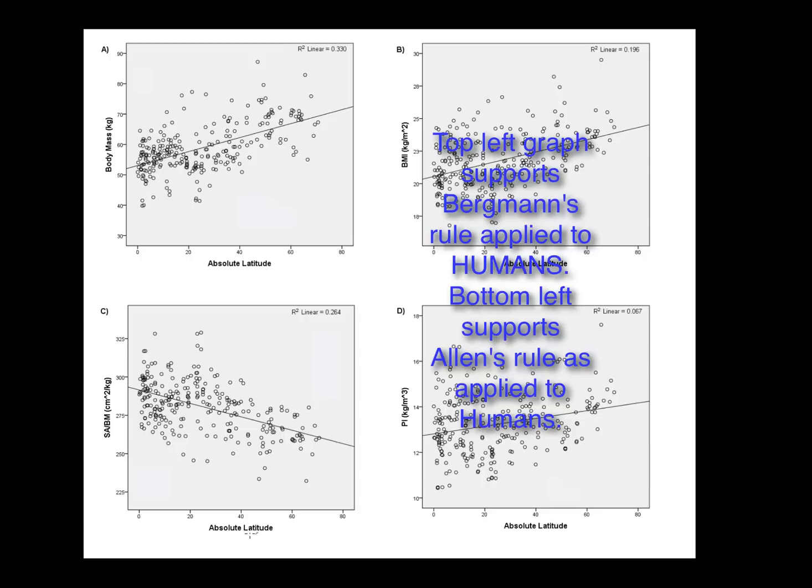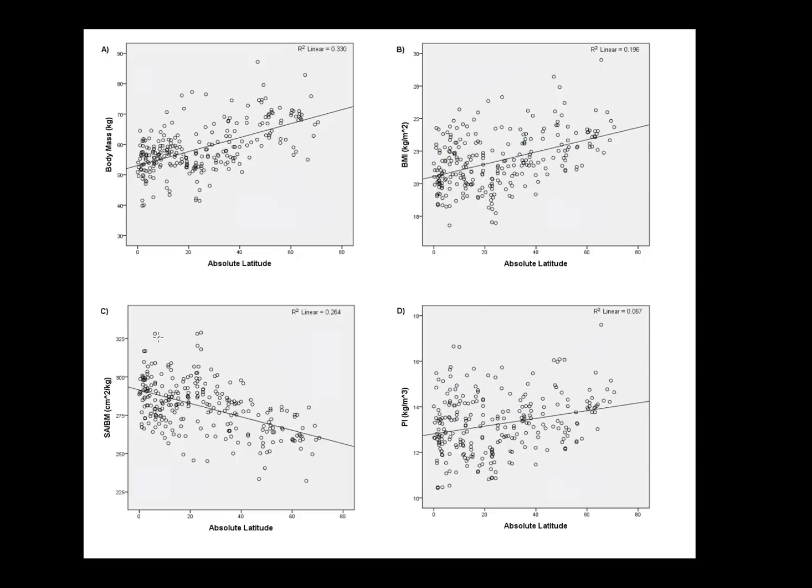And this figure supports Allen's rule, which states that animals tend to have a shape with a lower surface area to volume ratio when they live in a colder environment. You can get a lower surface area to volume ratio by having shorter limbs, a more columnar trunk.